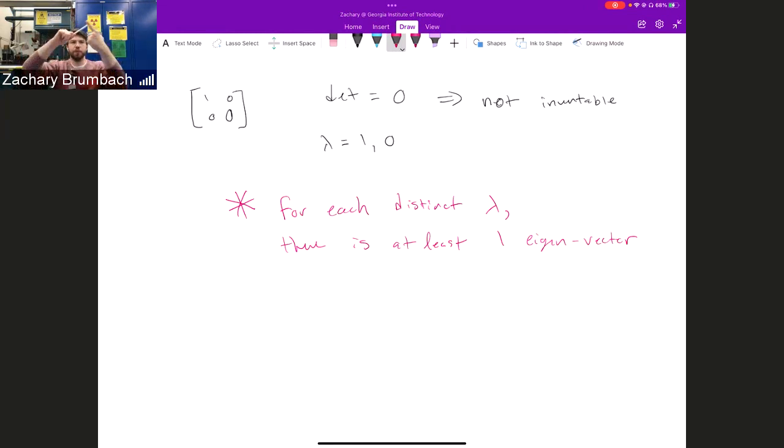So if you have lambda equals 4, lambda equals 3, and lambda equals -2 in a 3 by 3 matrix, you know automatically it is also diagonalizable because you have 3 distinct lambdas. Every lambda has to have at least one eigenvector. So if you have 3 eigenvalues that are different, each one has their own eigenvector, and you have 3 eigenvectors from that, right? So then you can construct your D matrix with your eigenvalues on the diagonal. You can construct your C matrix based on whatever eigenvectors those correspond to, okay?